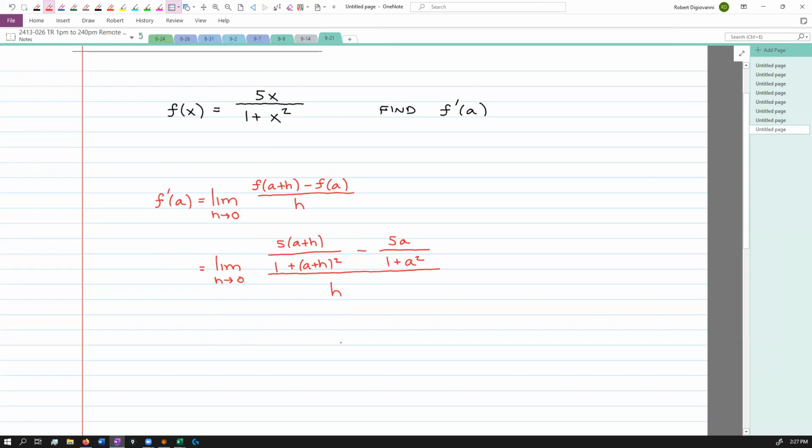I'm going to need a common denominator. So I need to multiply the top here by 1 plus a squared, and the bottom here by 1 plus a squared. And then over here, this is going to be 1 plus a plus h squared multiplied on the top and bottom.